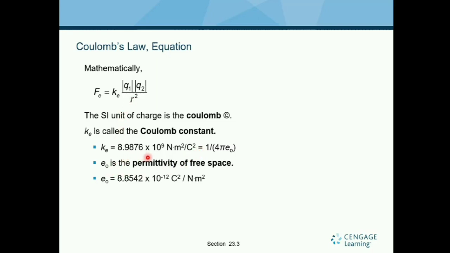Well, this is something I assume you will be able to memorize for the exams. It's very difficult to memorize this, but we will see. You will read more textbooks, and hopefully you will be able to memorize. And this is also equal to 1 divided by 4 pi epsilon 0. This epsilon 0 is called the permittivity of free space. And there is also a number here.